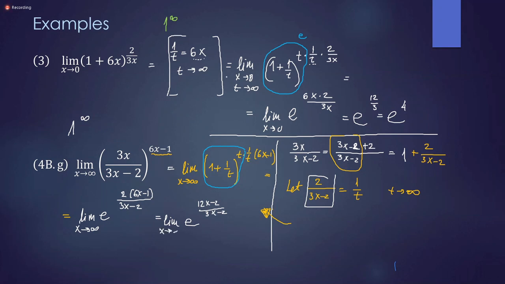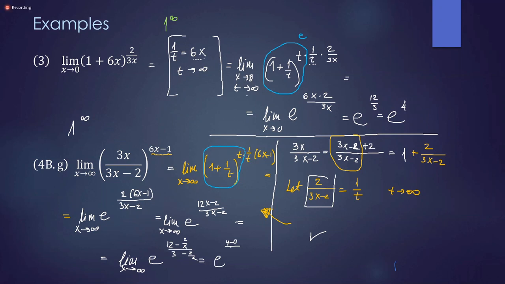We understand that if we divide out x, we can do it here on the spot. We don't have to do it on the side. We have e to the power 12 minus 2 over x, and here we have 3 minus 2 over x. So this is again e to the power 12 minus 0 over 3 minus 0. Sorry, not 4 thirds.